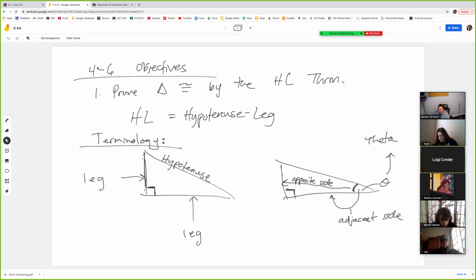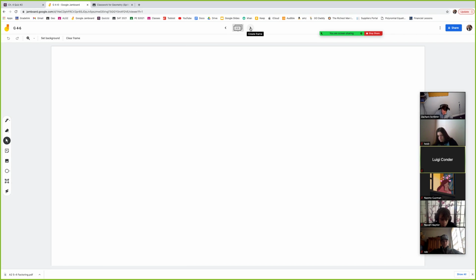Very important, in the same triangle, if this is theta, this is the opposite, and this is the adjacent. The hypotenuse is always the hypotenuse. So with that information, we can move into learning the HL theorem, Theorem 4.6.